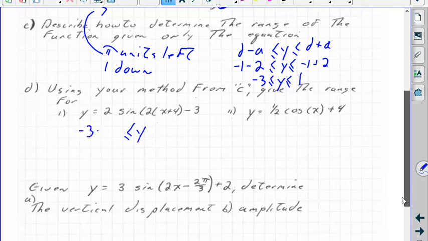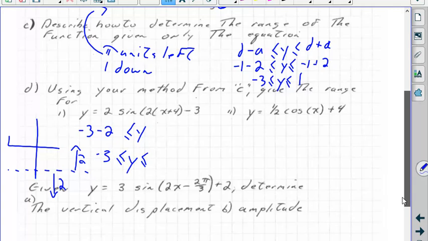is -3 minus 2. There's your midline. We are going to go down 2 from it, and we are going to go up 2 from it. That's our amplitude. That's how I get my minimum of -5.